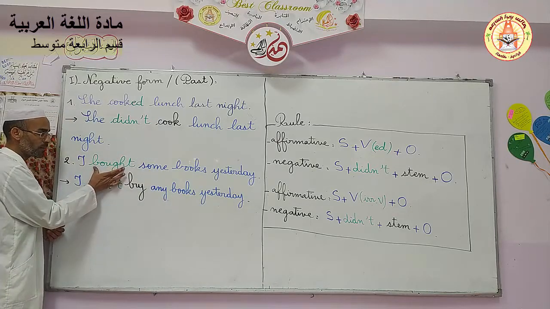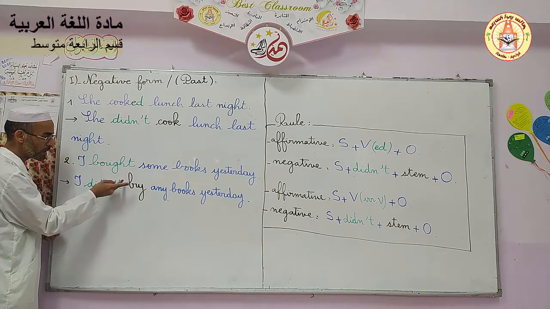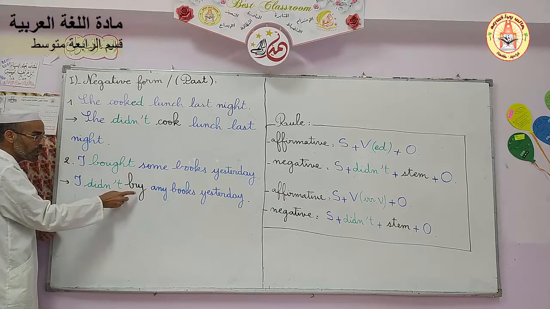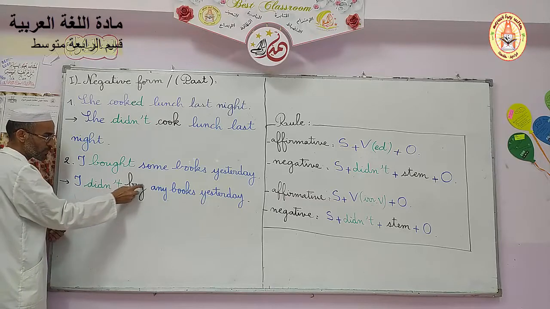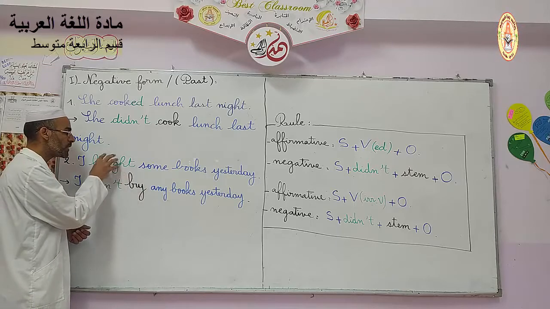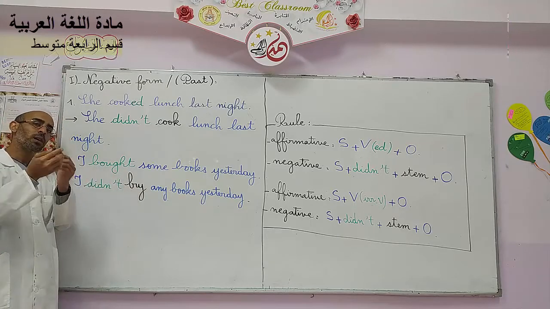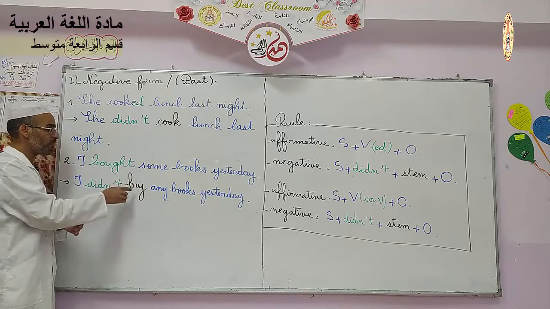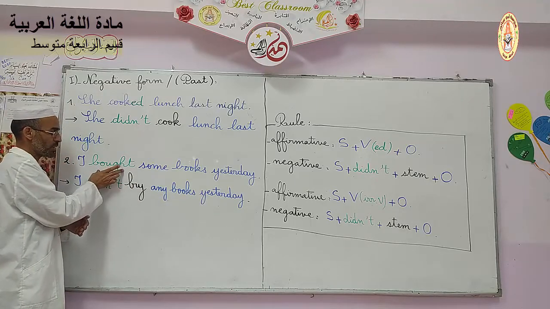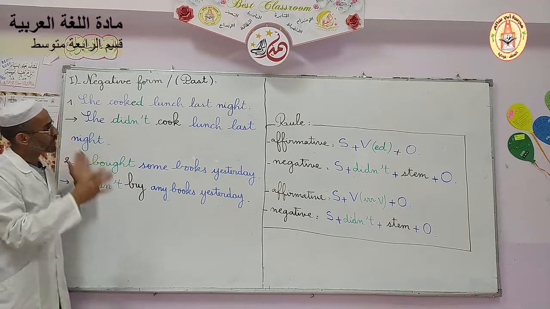Here we have the verb bought, and it becomes buy. So didn't always plus stem. What is stem? It means the infinitive of this verb. We have to take this verb back to its infinitive. Bought in the past, the infinitive is buy. So these are the examples.